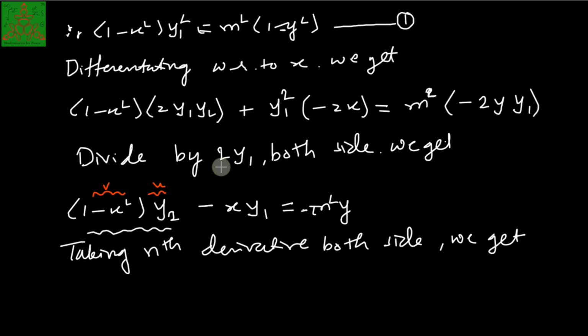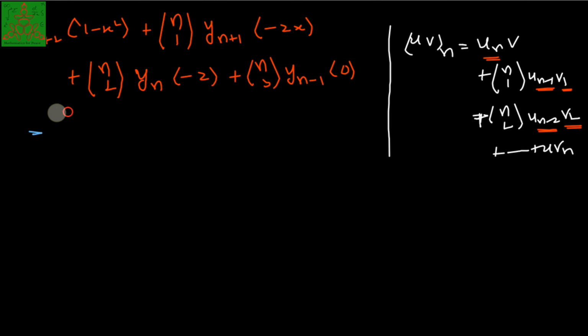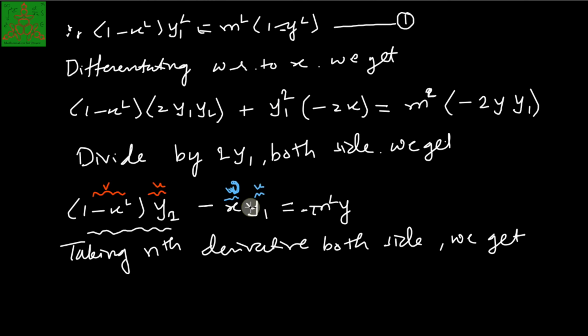Now for the second term, I am taking this as v and this as u. So it is minus of, again applying the same thing, but now the roles of u and v are changed. v is x, u is y1.